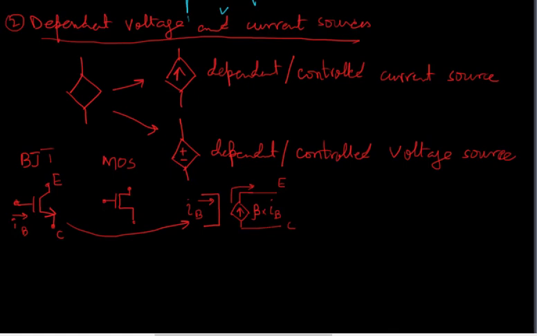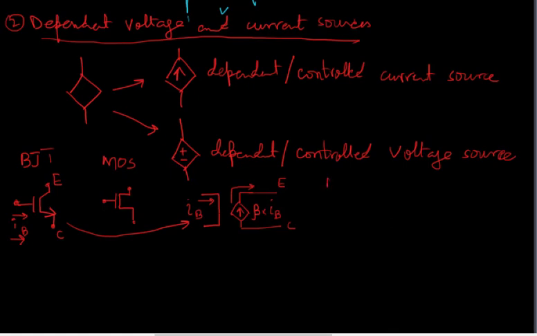The current flowing into the base of the transistor is actually controlling the current flowing through the emitter-collector path. The emitter-collector current is simply a constant multiplied by the IB value. So this is a current source which is controlled by a current: a current controlled current source.